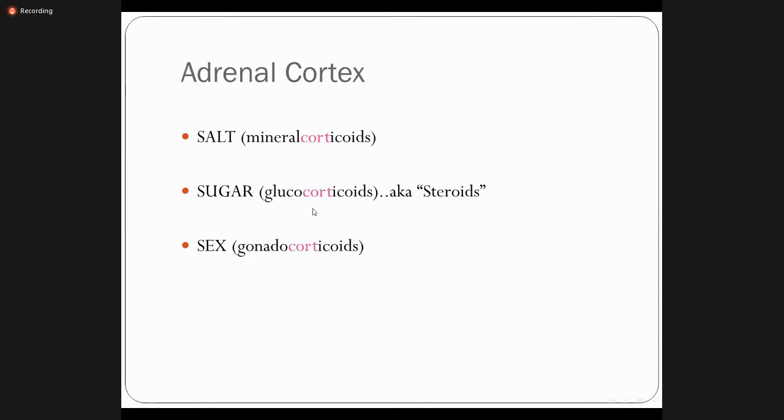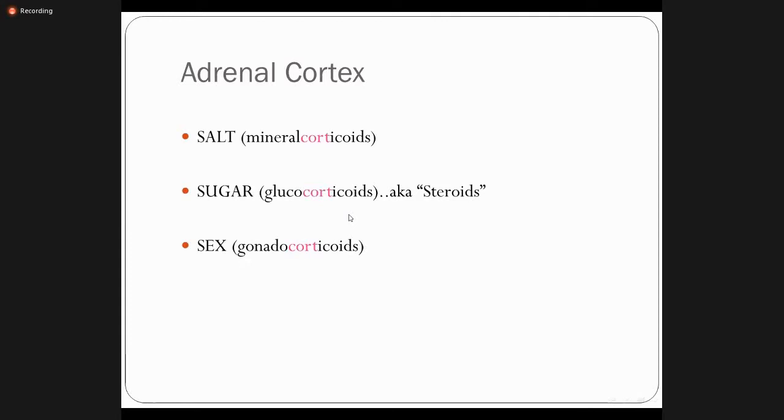When we say corticosteroids, we have different secretions. In corticosteroids, we have mineralocorticoids, glucocorticoids, and gonadocorticoids, right? So specifically, glucocorticoids are one part of corticosteroids, because we have already discussed that the adrenal cortex is responsible for releasing three different secretions.